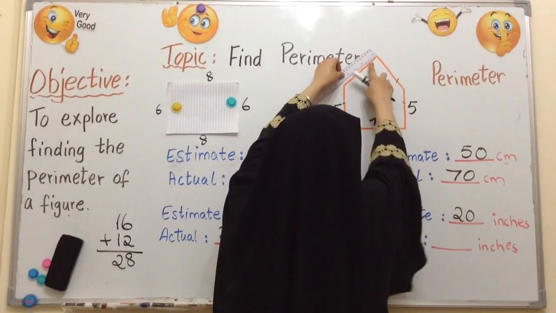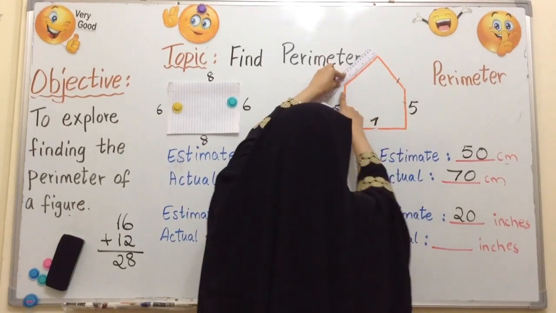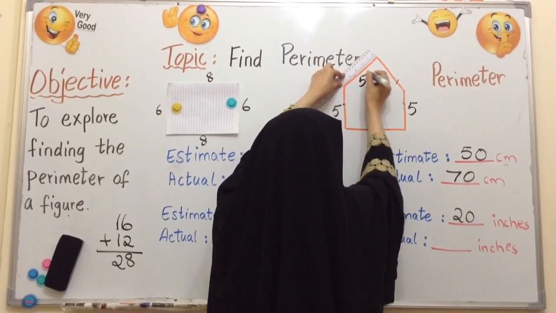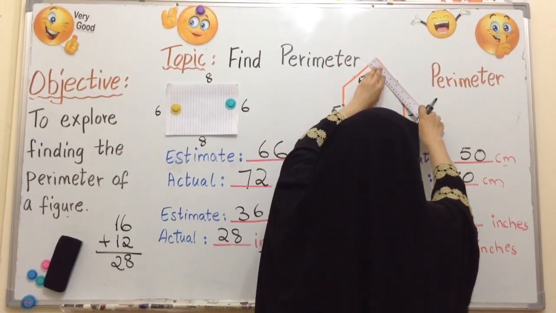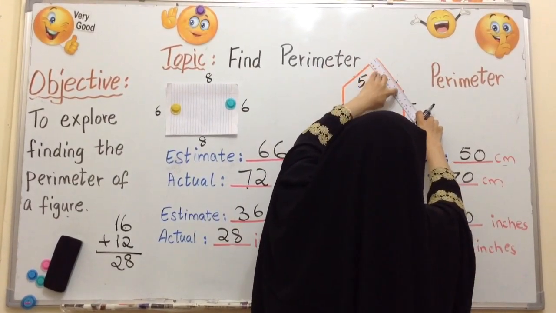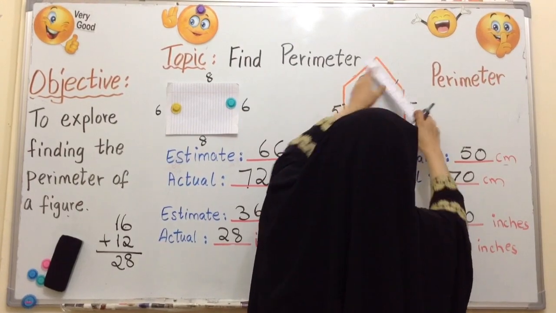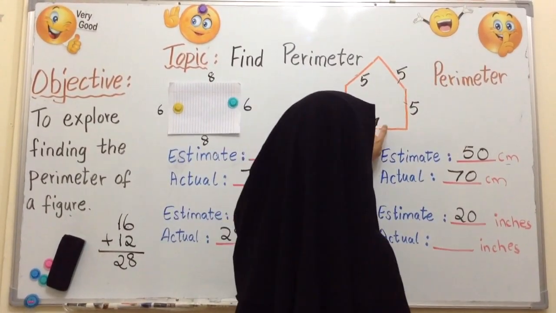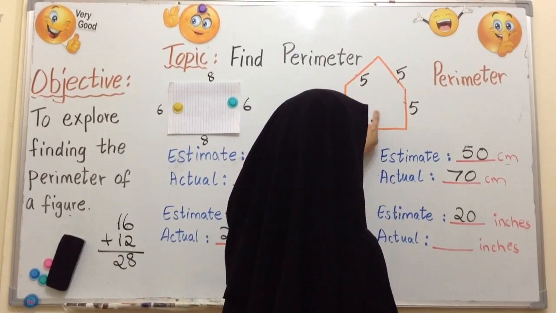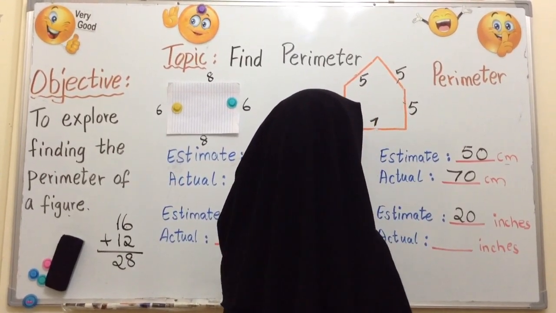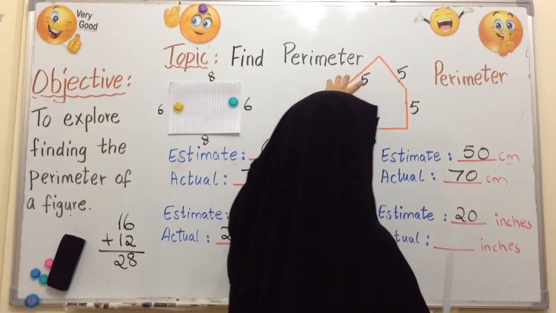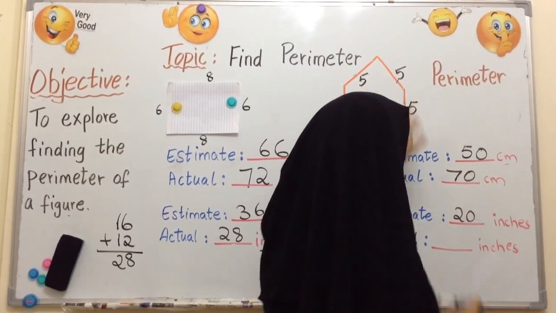This side, let us measure, is also close to number 5. So I am going to write it here 5. And this one, again it is on 5. Now, I don't have all numbers same, only 7 here. I am going to do 1, 2, 3, 4. 5 plus 5 is 10. 5 plus 5 is 10.